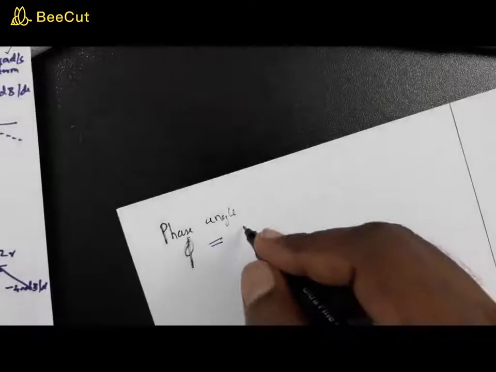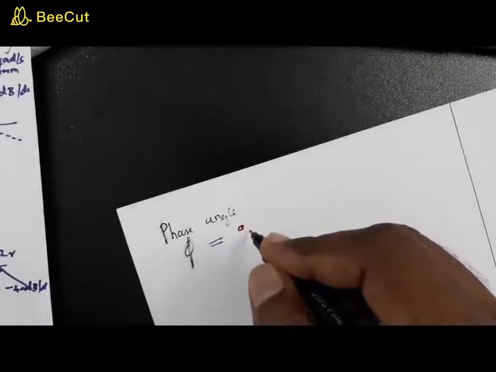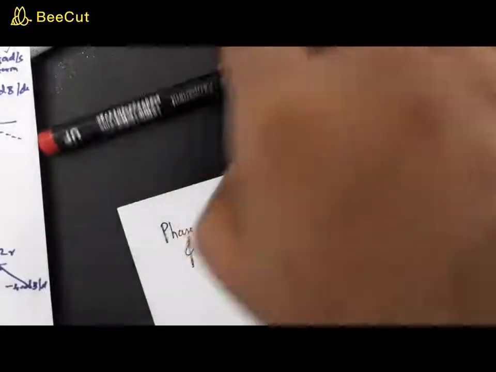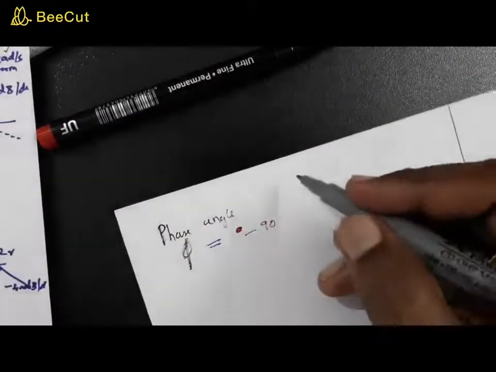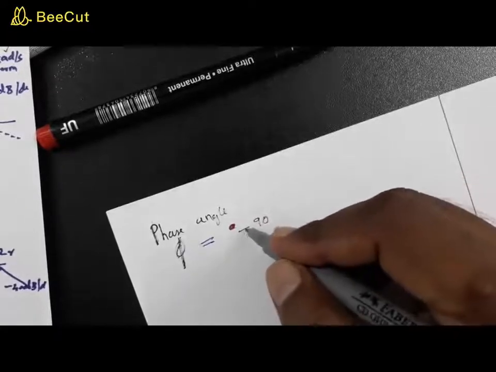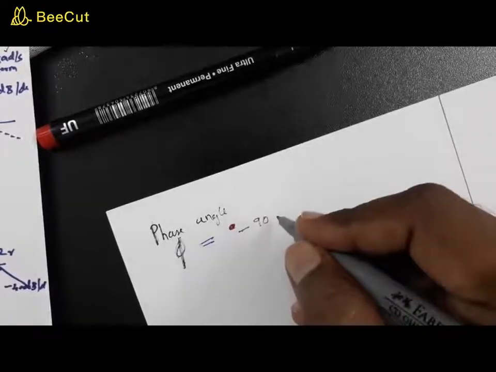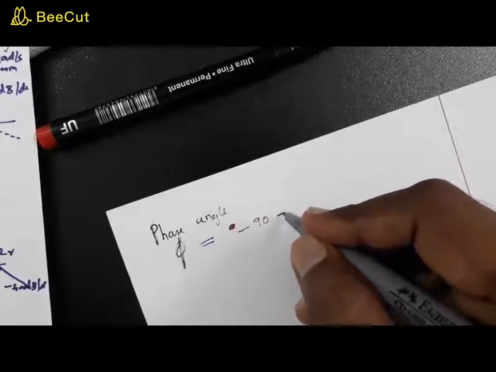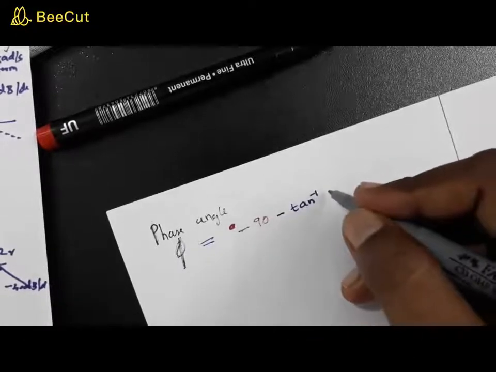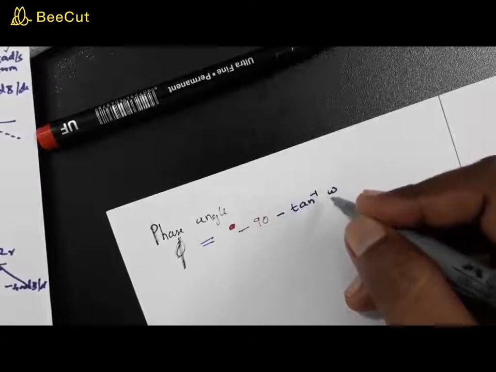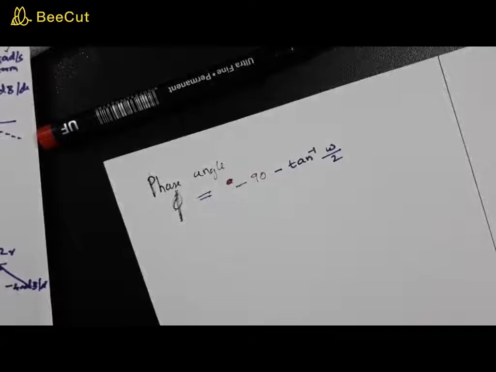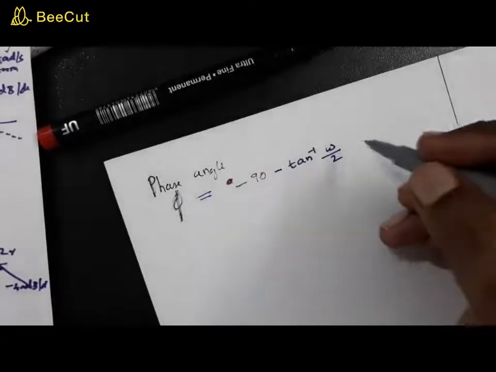So your phase will be 0 minus 90 degree, right? Then minus 90 minus tan inverse omega by 2.